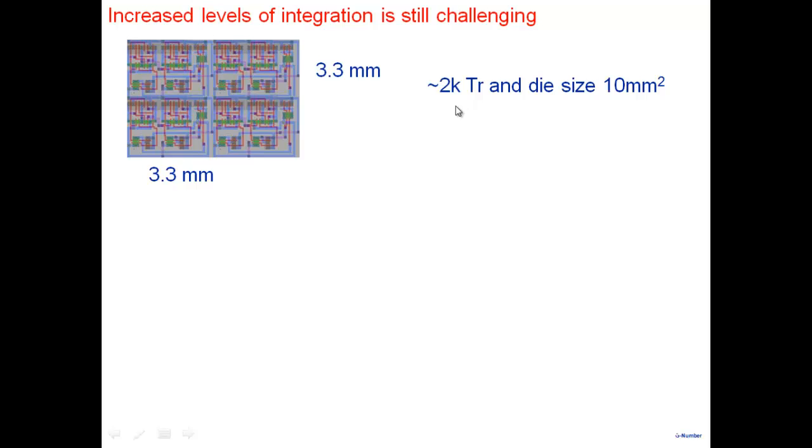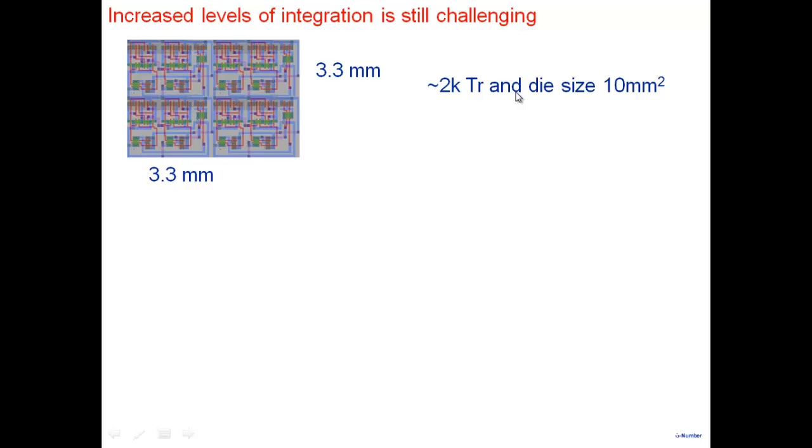As I said, it had roughly 2K transistors, 2,000 transistors, and the size of the die, or the chip, was 10 millimeter square. Roughly, for the sake of argument, let's say 3.3 mm by 3.3 mm. Obviously, the first microprocessor was 4-bit, very elementary compared to what microprocessors are now.